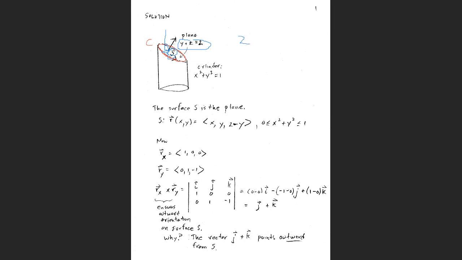In other words, z is equal to 2 minus y. And so z can be thought of as a function g of x and y. So this is how the book treats the surface in example 1 in section 13.7.